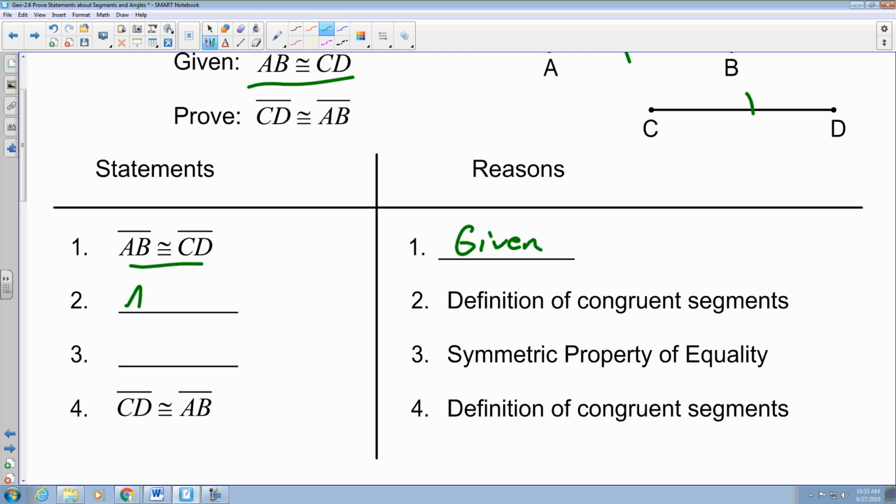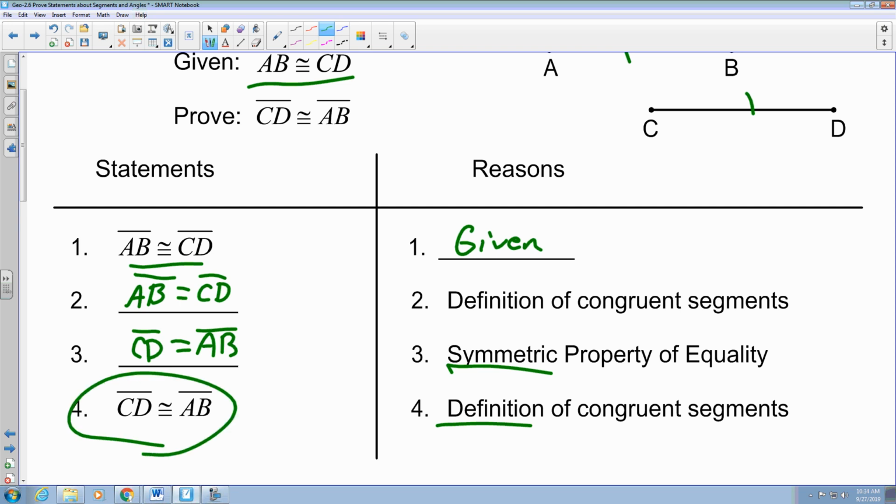So we can say that AB is equal to CD. All right. Now implementing the symmetric property of equality, I'm just going to flip the two statements around and say that CD is equal to AB, and then doing the reverse idea, due to the definition of congruent segments, we can now say that CD is congruent to AB, which is the proof.